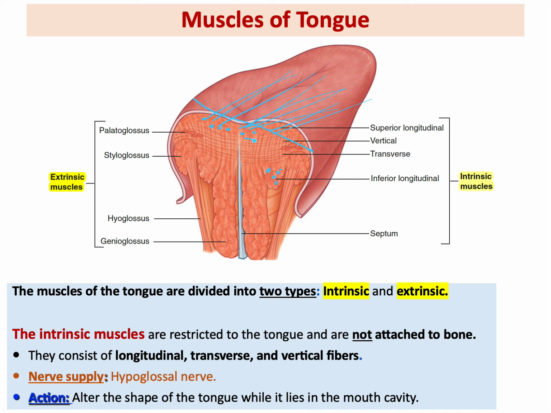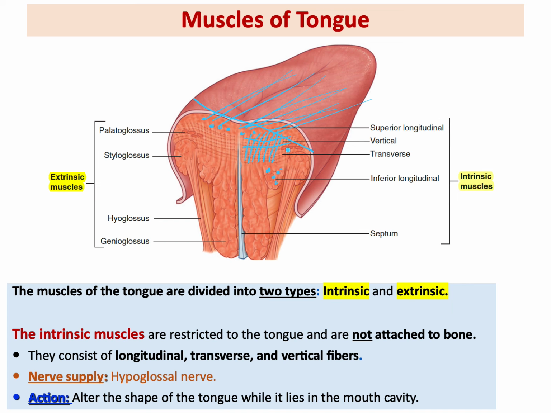Furthermore, look at it here, guys. There are fibers moving in that way. On the other hand, there are fibers in that way, perpendicular to it. So we have vertical and transverse fibers also.